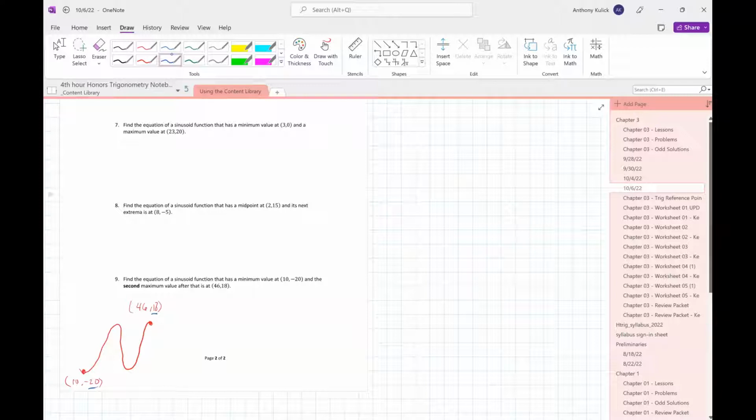Or you could do (k max plus k min) divided by 2. Either way of thinking about it is fine. So even though it's a second max, you still use the same equation? That's not going to change that part of it. So like 19 units in between those.